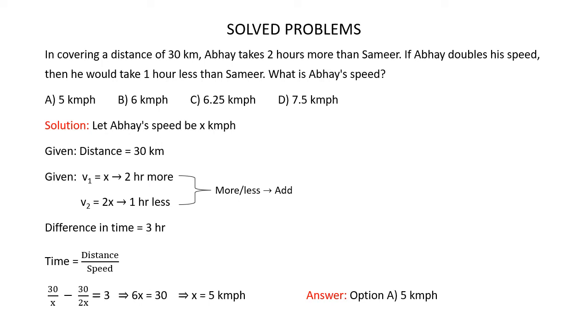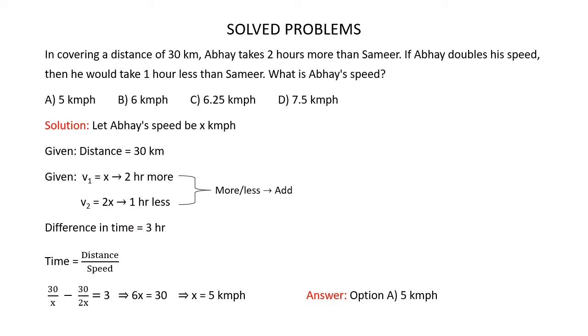It's given that if Abhay doubles his speed, that is if his speed becomes 2x, then he takes 1 hour less than Samir to cover 30 kilometers. So here you have more and less, so you have to add these times to get the difference in time. So difference in time is 2 plus 1, that is 3 hours.